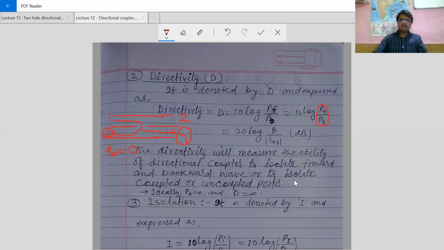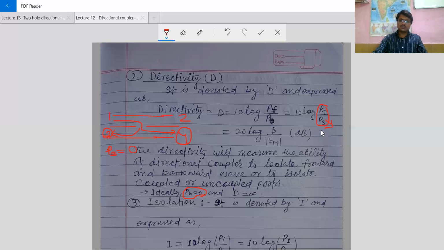The directivity measures the ability of the directional coupler to isolate forward and backward waves, or to isolate coupled and uncoupled ports. Ideally PB should be equal to 0, which means P3 should be equal to 0. Ideally no power should go to port 3. If PB is 0, what will be the value of directivity?